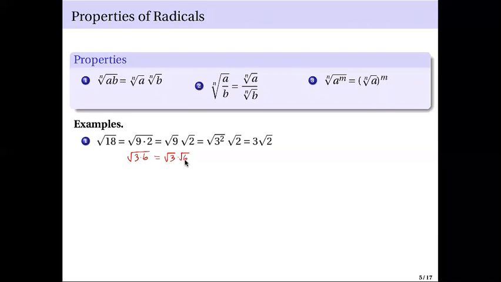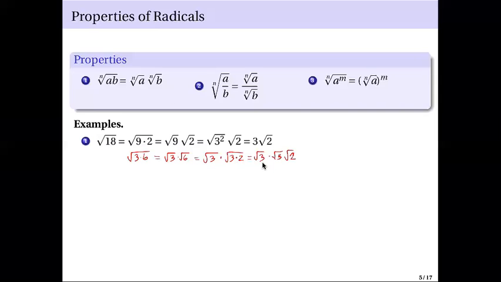But remember, 6 here is 3 times 2. So you will have square root of 3, that's your square root of 3 from here, and then your 6, it's 3 times 2. And then you use this again. You will obtain square root of 3 from the first square root of 3, and then you have the square root of 3 times square root of 2 again.